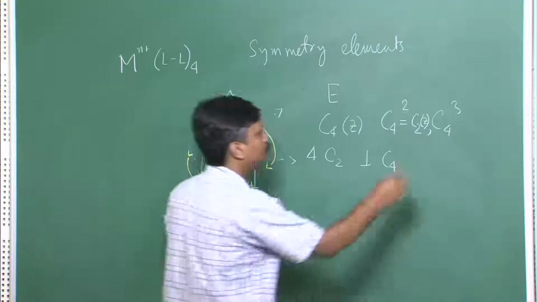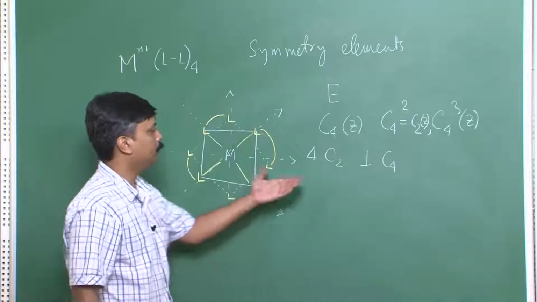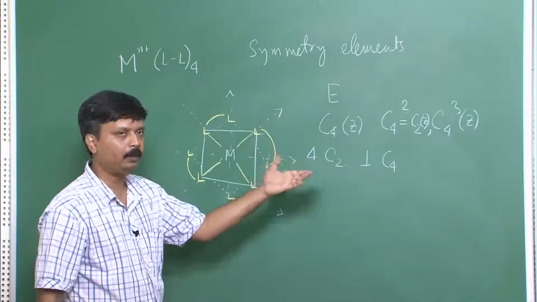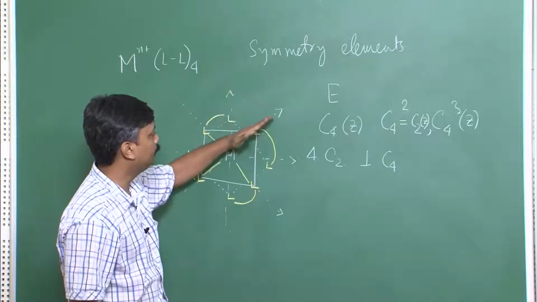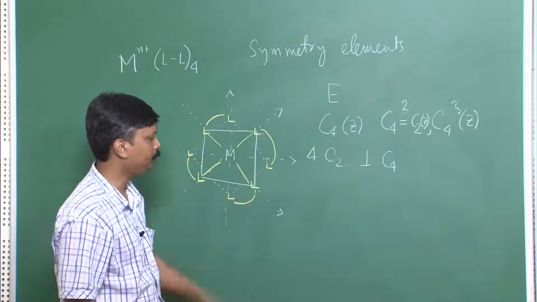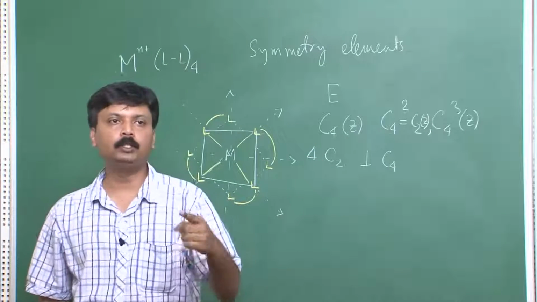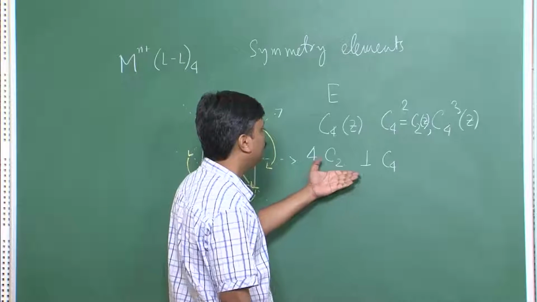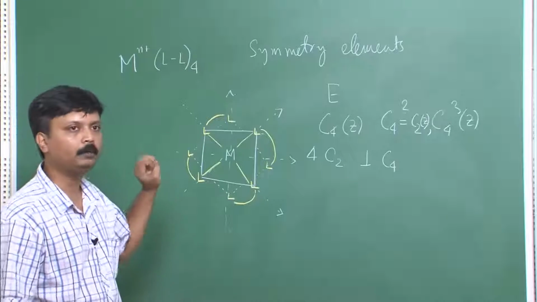Now there are 4 C2s which are perpendicular to C4, along these 4 axes. Each C2 will generate only one operation, because C2 operated twice will generate identity. So these are all the symmetry operations that are possible for this particular molecule.